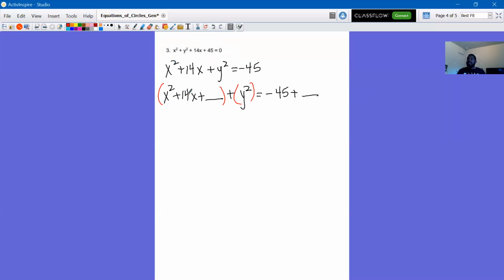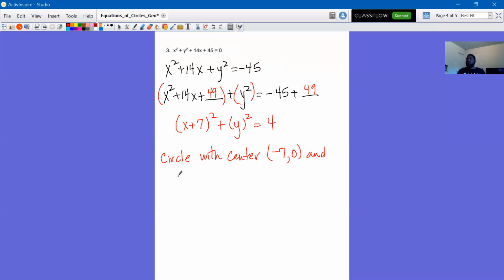All right, so completing the square, you take half of 14, which is 7, and then square that result, which is 49. Whatever you add here, you add over here. So now you're going to come down and factor. So it'll be (x plus 7) squared plus y squared equals 4. And there's our standard form. So it's a circle with center (-7, 0) and radius 2.